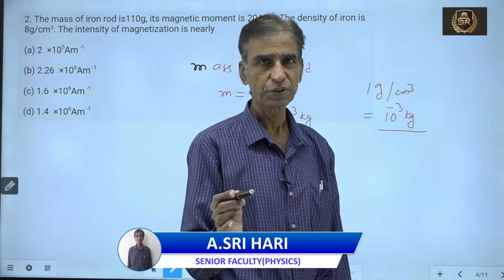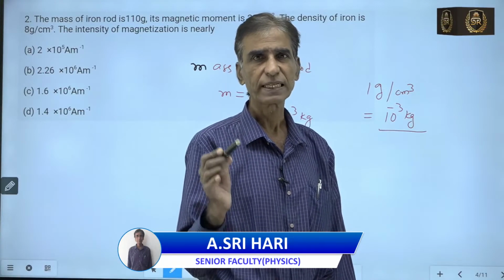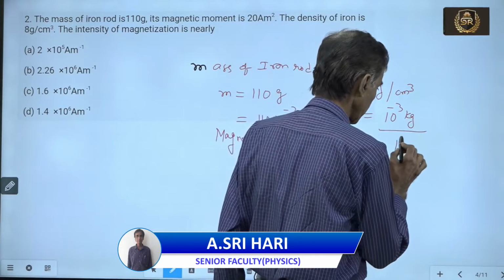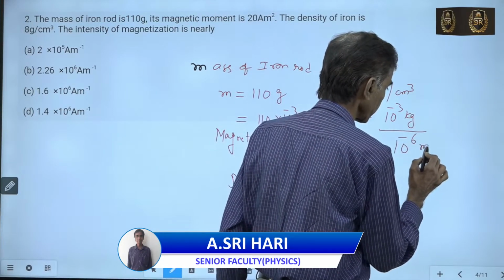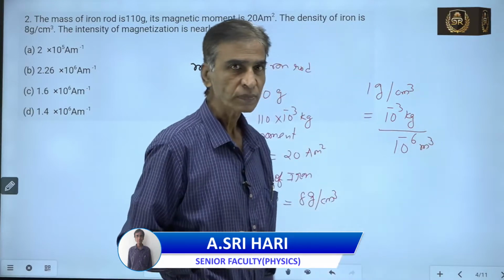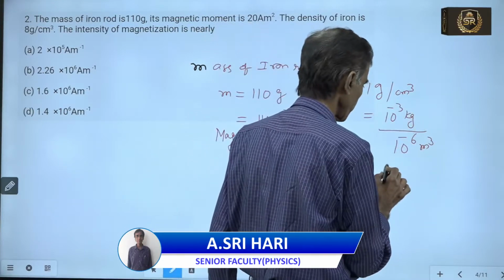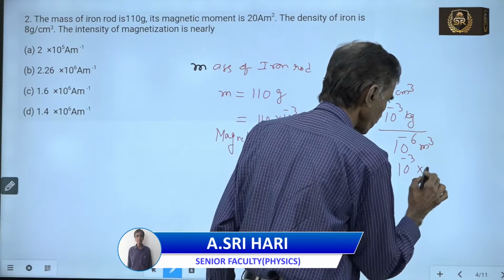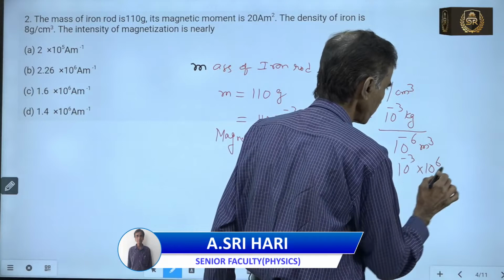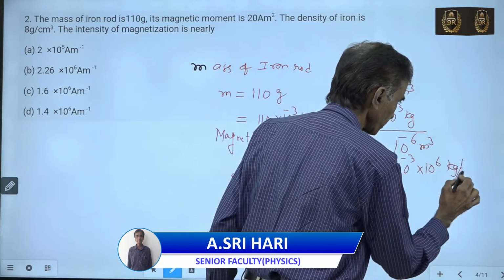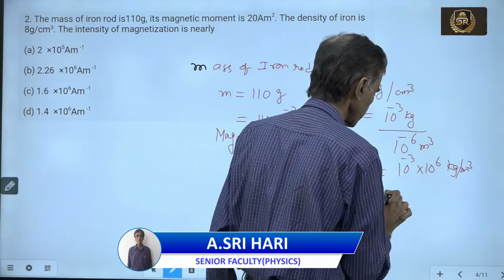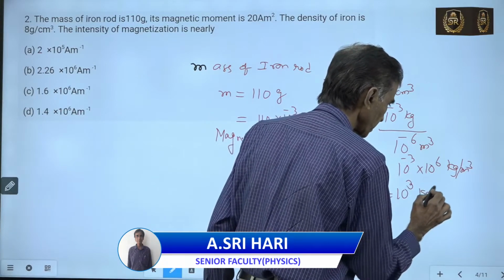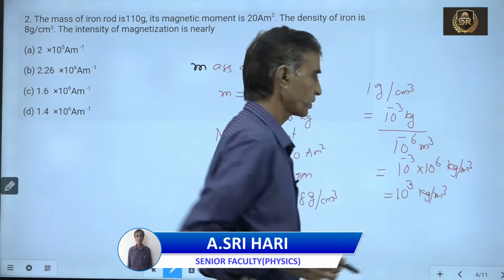That is 10 power minus 2 meter, 10 power minus 2 meter, 10 power minus 2 meter. So 10 power minus 6 cubic meter. So bring 10 power minus 6 to numerator. You will get 10 power minus 3 into 10 power 6 kilogram per cubic meter. That is equal to 10 power 3 kilogram per meter cube.